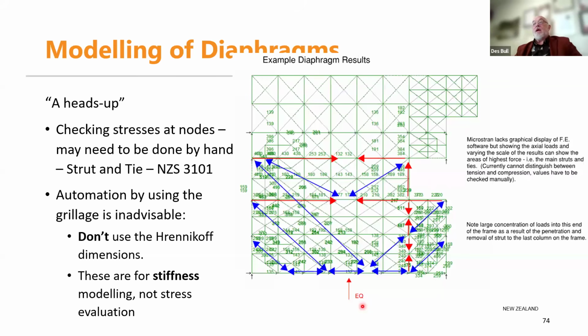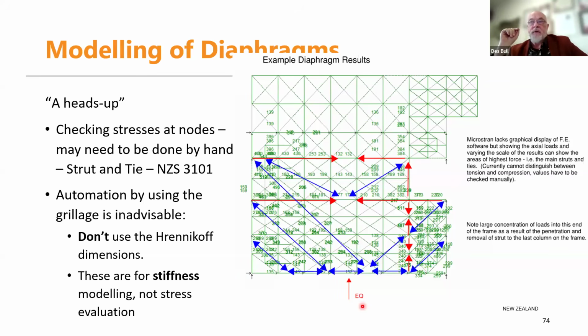Heads up, this is a friendly warning. When you check the stresses at the nodes, like on your columns or along your beams or at the ends of your walls or along your walls, use strut and tie. A lot of people have been trying to automate the grillage to give you the answer. Well, if you have a coarse grillage, very large grid spacings, it all goes to hell in a handbasket.